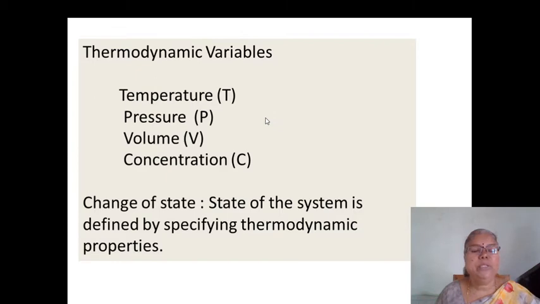And any change in either temperature or pressure may change the state of the system. So a state of a system is defined by specified thermodynamic properties. Remember that a state of the system is defined by specifying the thermodynamic properties.